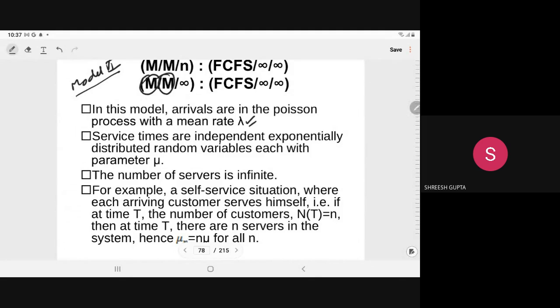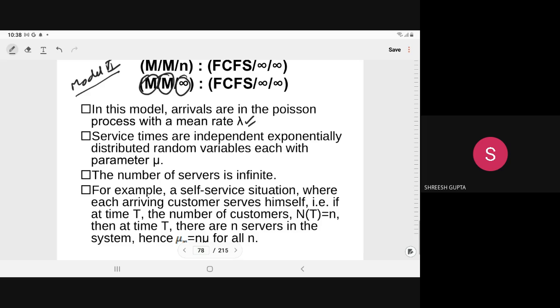That is this M. The number of servers is infinite, whatever the number of customers in the system. So for example, a self-service situation where each arriving customer serves himself. If at time t the number of customers Nt is equal to n, there are n servers in the system, hence mu n will become n mu for all n.